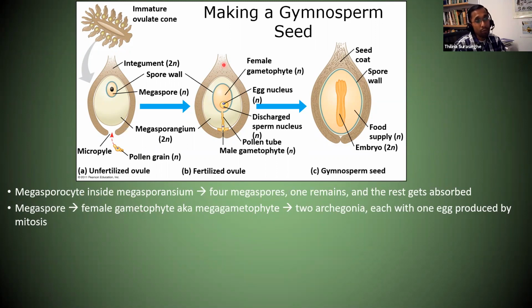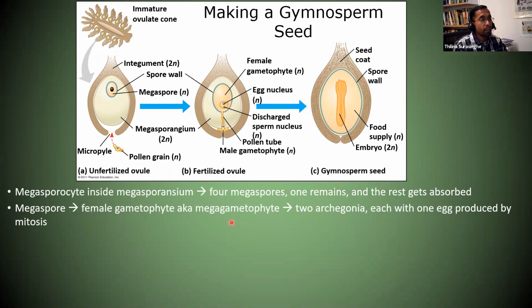So see how small that is? Notice that the megagametophyte now is literally inside the female cone, dependent on the sporophyte, microscopically small. You will never observe it in the external environment, unlike what you saw in ferns and mosses.